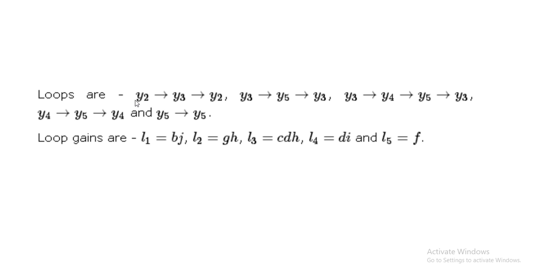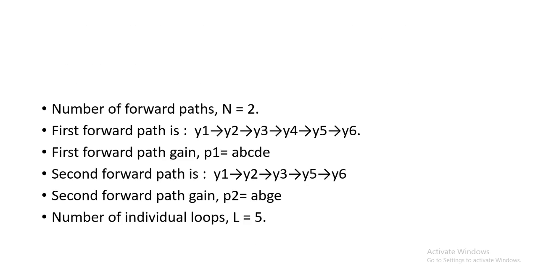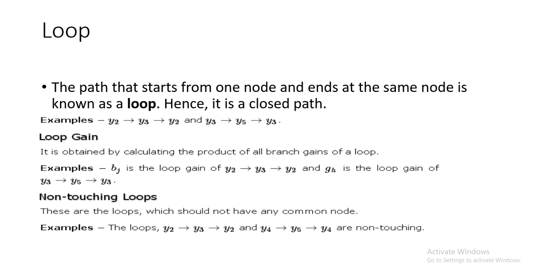And I think we have seen up to this only, that is the loop gains of those individual loops. Okay, so let us start with the next point, or again I want to revise all these things because this is very important.